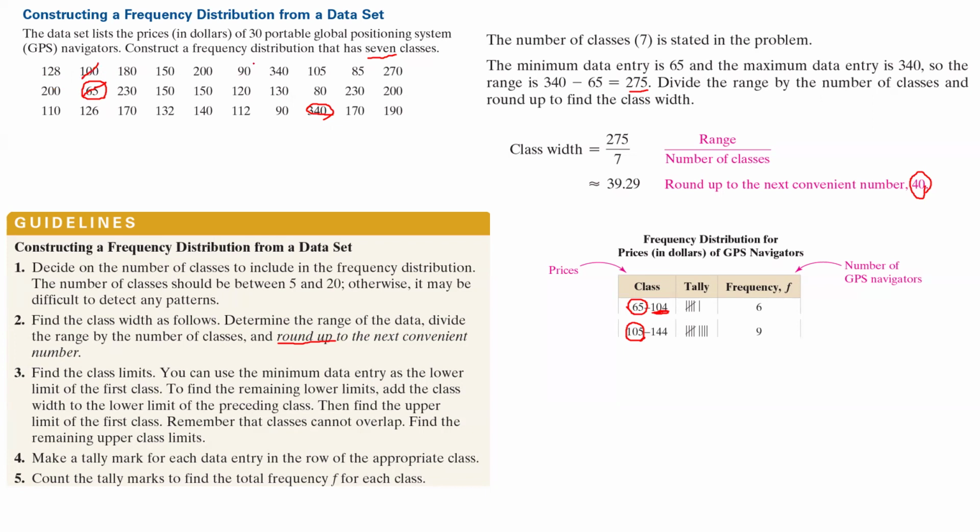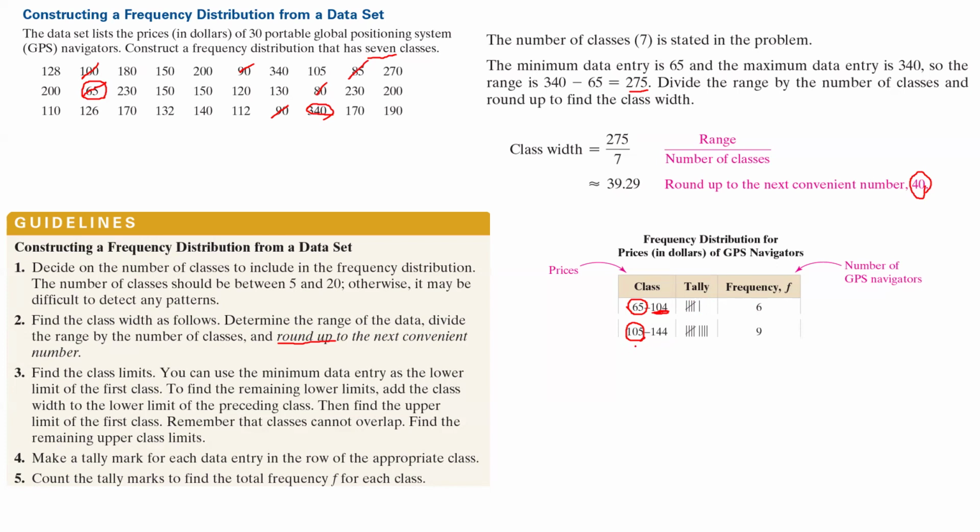Then you have 90 here, not 105. You have 85 here. Then you have 80 here. You have a 90 here. So you have 1, 2, 3, 4, 5, and 6. So the tally mark shows 6 tallies, and then the frequency is 6.